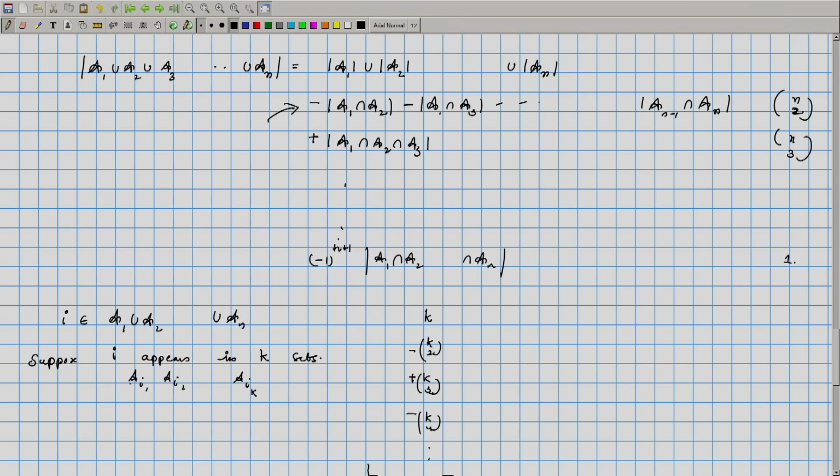The terms corresponding to that on the right hand side will be all those subsets of these k sets. There are 2 to the k subsets, and if you ignore the empty subset, there are 2 to the k minus 1 subsets, and their count would appear as k choose 1, k choose 2, all the way up to minus 1 raised to k plus 1, k choose k.